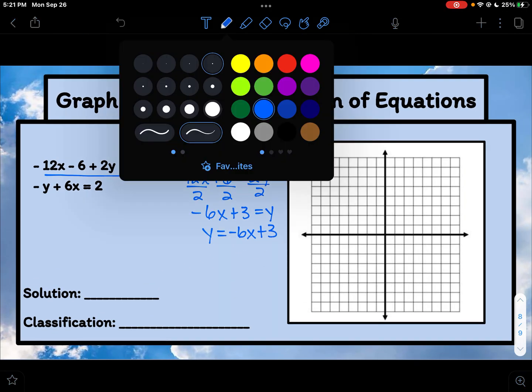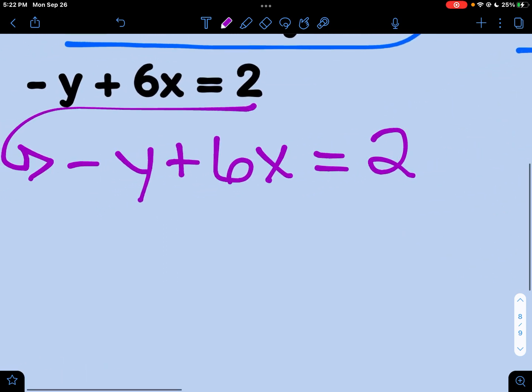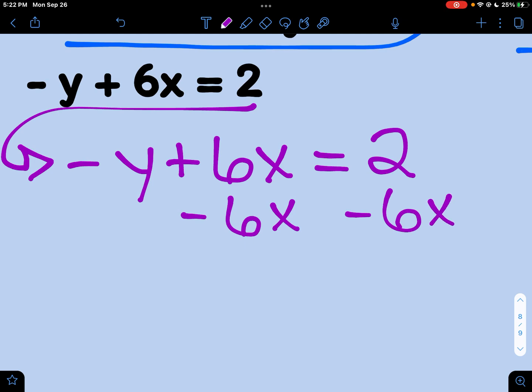Okay, let's do the other one. I'm going to send this one down here. Negative y plus 6x equals 2. Y equals mx plus b, so I'm going to subtract 6x from both sides.